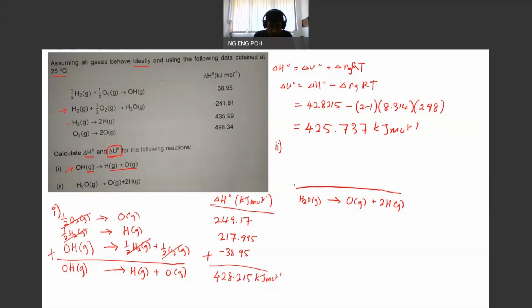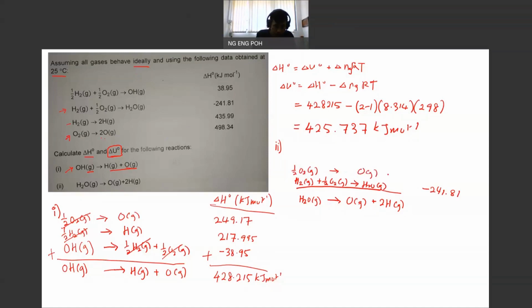So you write down H2 gas plus half O2 gas to H2O gas, and this is negative 241.81. Next is O gas. Which one gives you O gas? Yes, this equation, but you need to divide by 2, so it will become half O2 gas, then you'll get O gas.